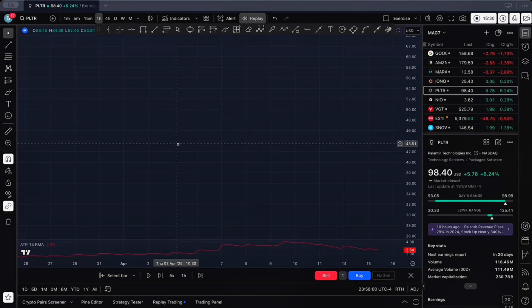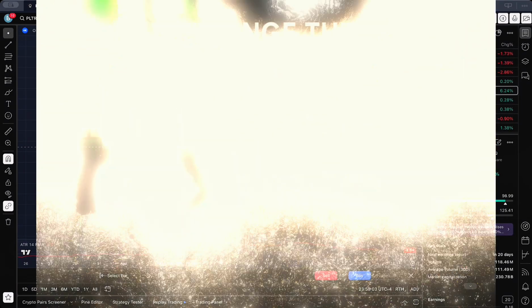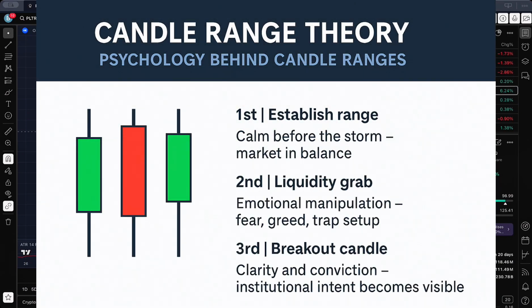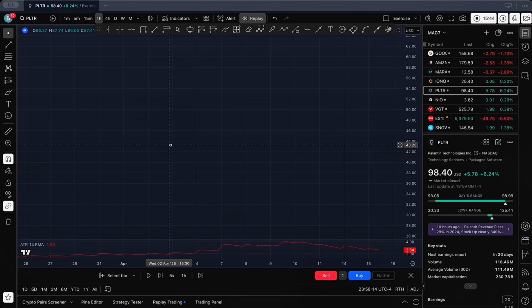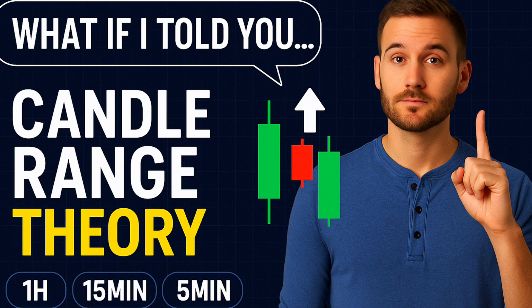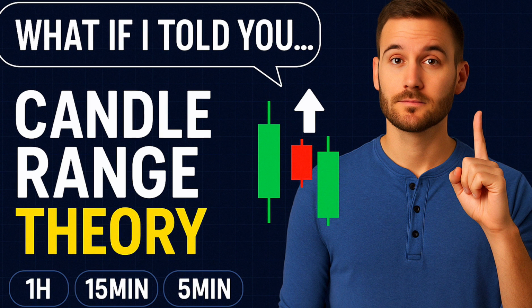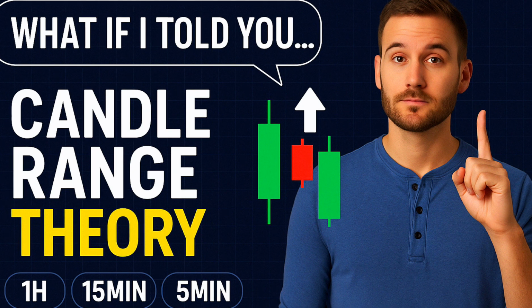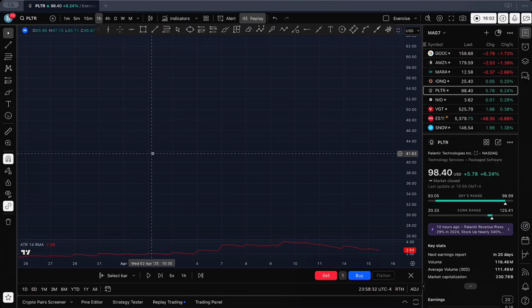We have seen already that the market moves in 3 phases: accumulation, manipulation, and distribution. So now, how can we use the candle range theory, and how can we set up the theory so we can use it?